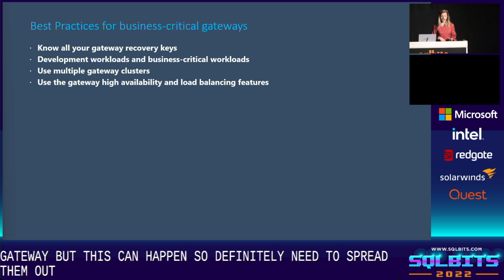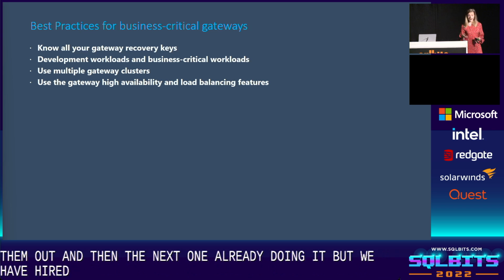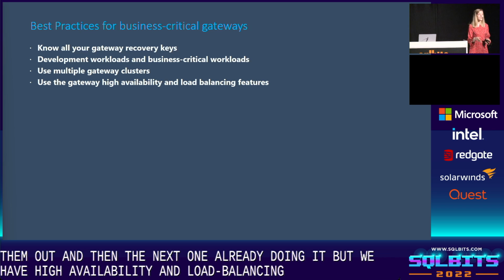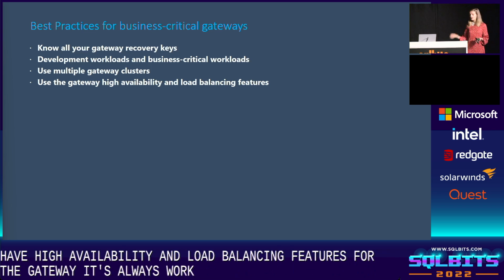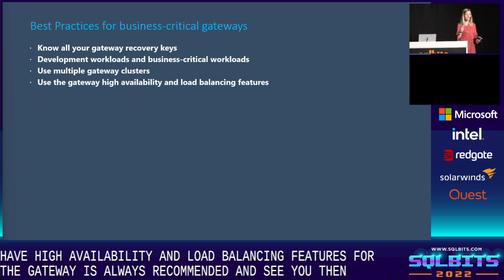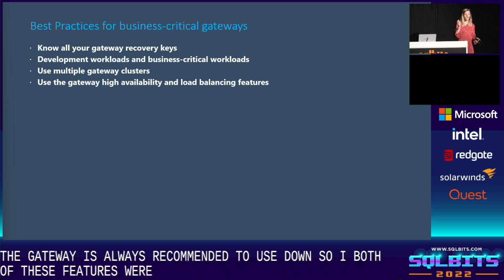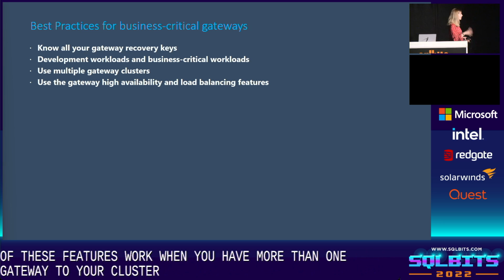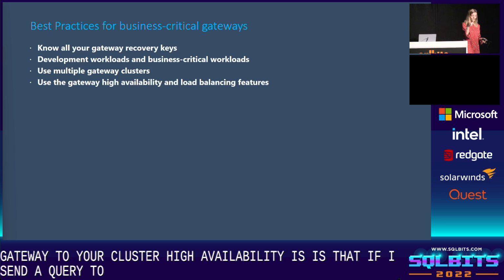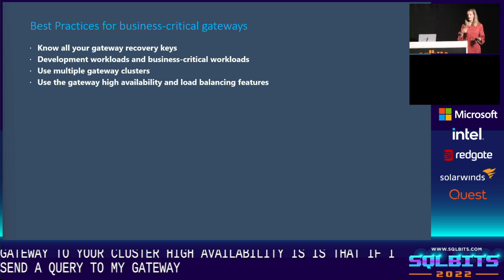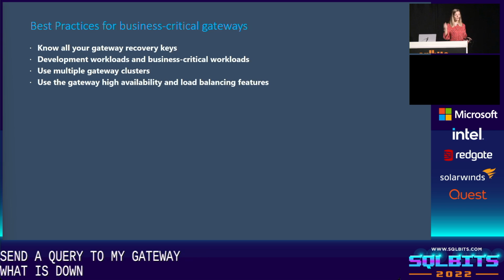Then the next one, I hope everyone is already doing it, but we have high availability and load balancing features for the gateway. It's always recommended to use them. Both of these features work when you have more than one gateway in your cluster. High availability means that if I send a query to my gateway, and that gateway is either busy or down, the query can fall over to a different gateway as well.